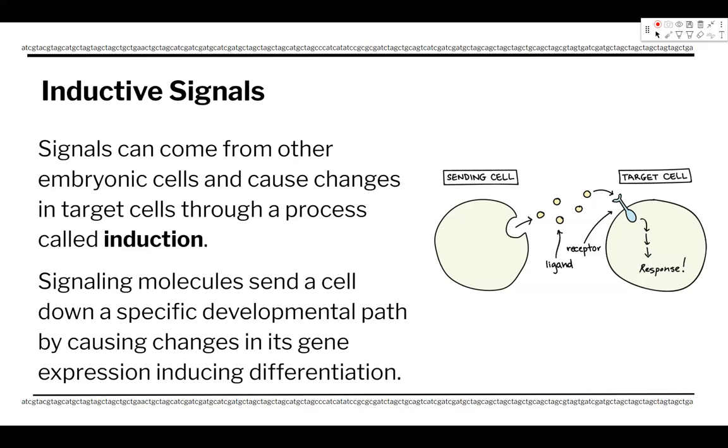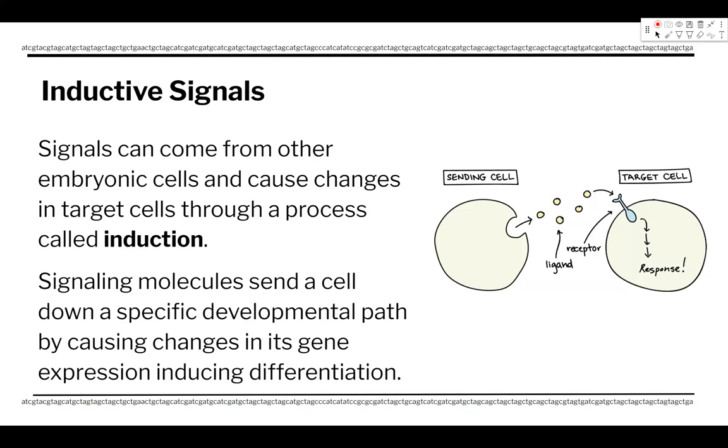So it works just like the cell signaling that we talked about earlier this year. We've got our cells, via exocytosis, right? Sending that signal out. The target cell has a receptor on it. That signal comes in. That cell's like, okay, here's my response, and starts triggering a new genetic change.